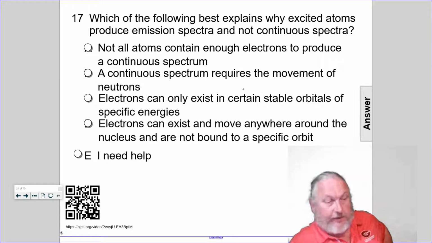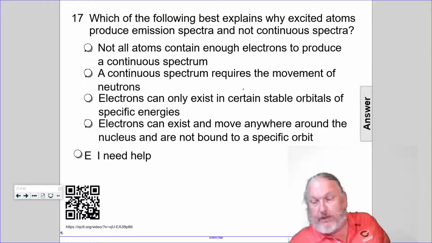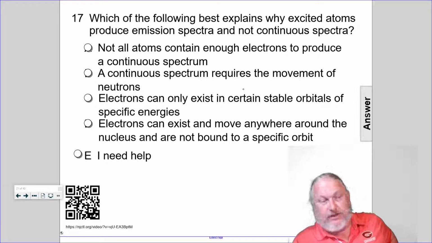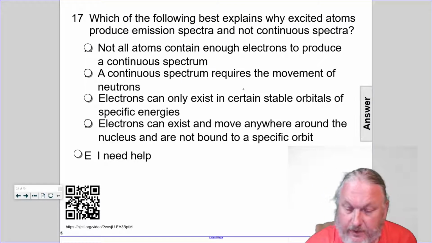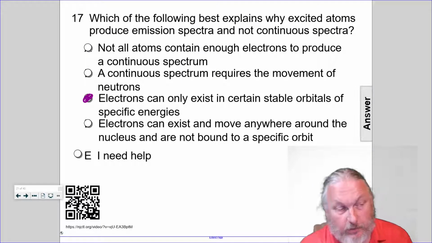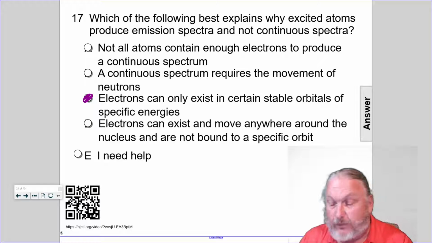Which of the following best explains why excited atoms produce emission spectra and not continuous spectra? Pause. If you look at all these, the answer has to be electrons can only exist in certain stable orbitals of specific energy.